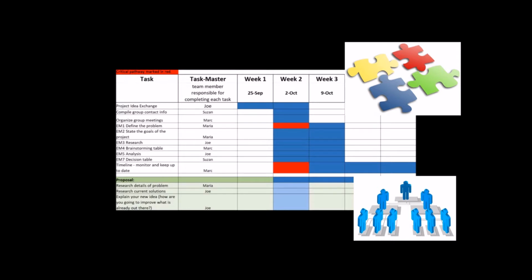Maybe everybody is working on a specific task, but you still need a name of a person who's going to be in charge of that task. If nobody's in charge of it, that's when arguments start going on and nobody ends up doing it. So put a name next to every task and modify this Excel spreadsheet for your specific project.